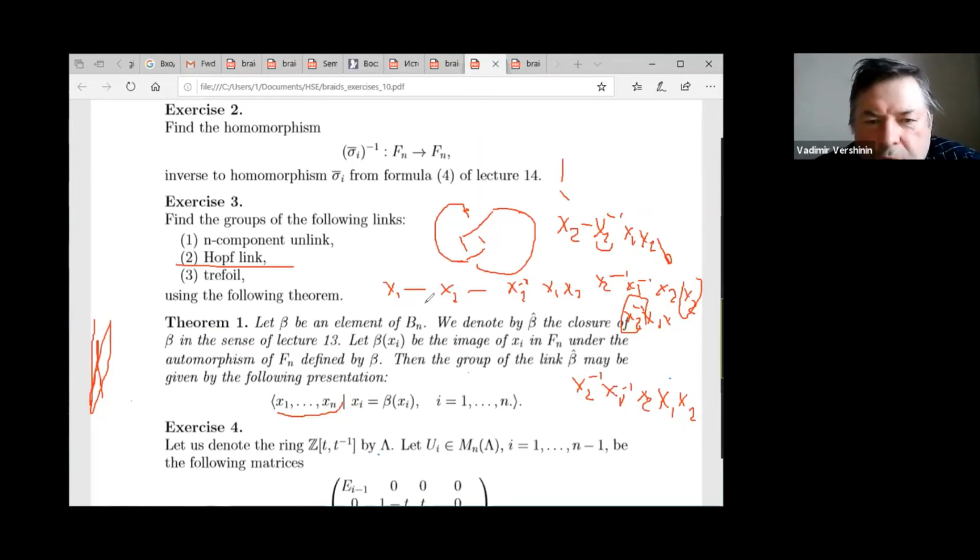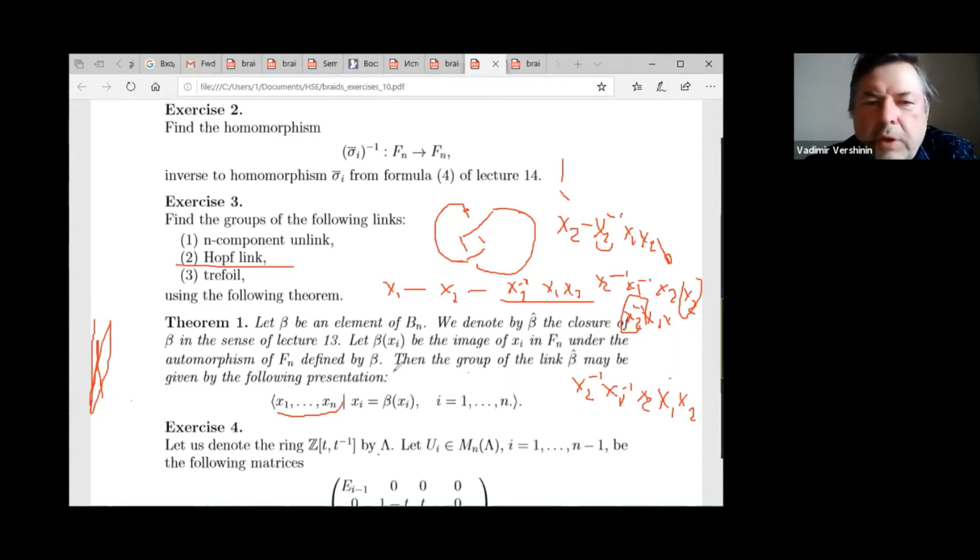So you see, what do we have? The first relation is the following: x1 goes to this one. The second relation is that x2 goes to this one.